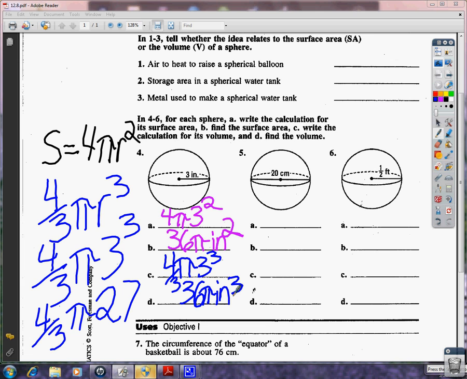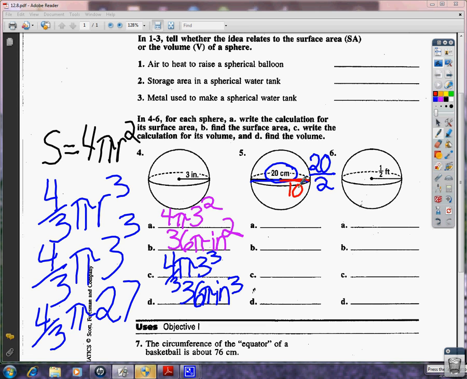You need to do that for 5 and 6. Be careful with 5 because they don't give you the radius, they give you the diameter. So you need to change the diameter into radius. You need to take 20 divided by 2, which gives you a radius of 10, right?